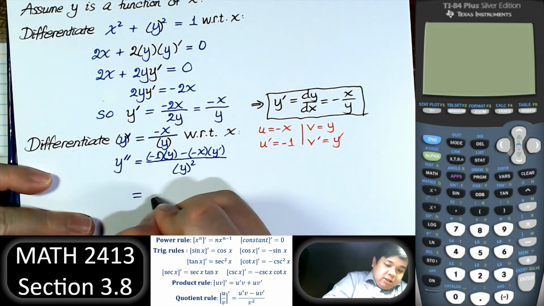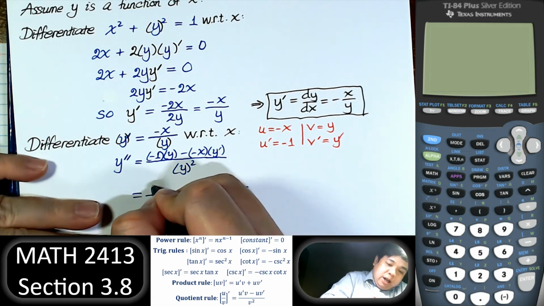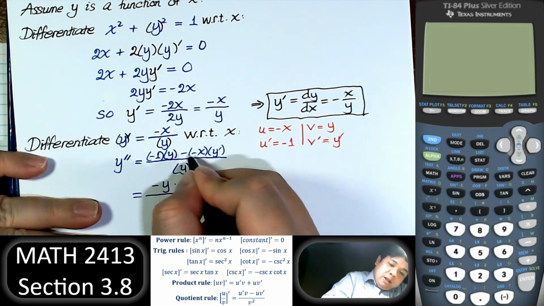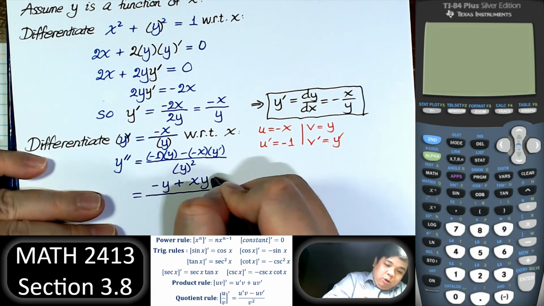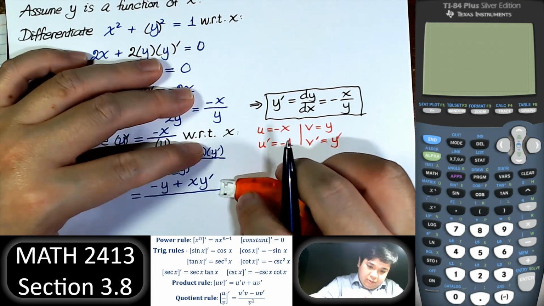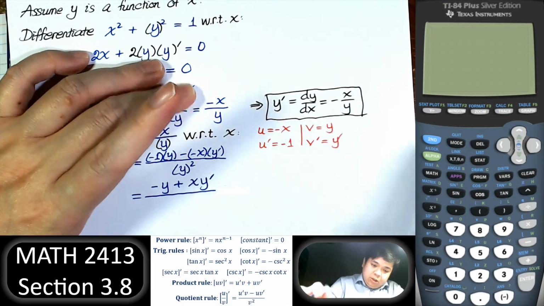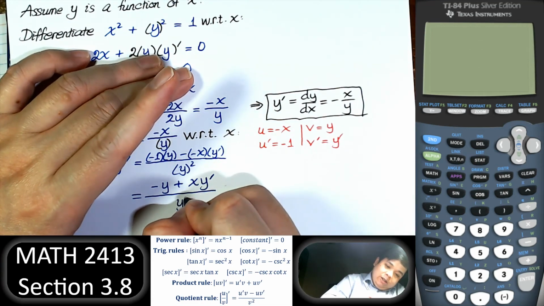So that gives us negative y, negative, that plus x y prime, over y squared.